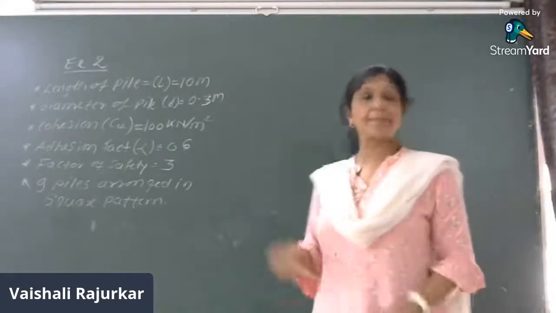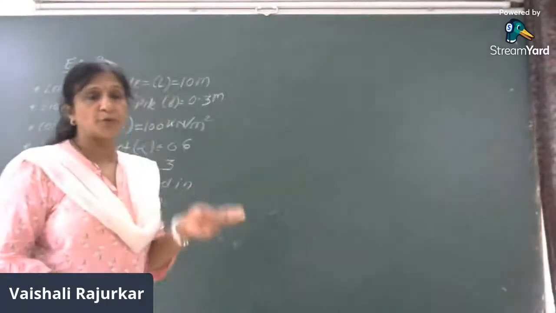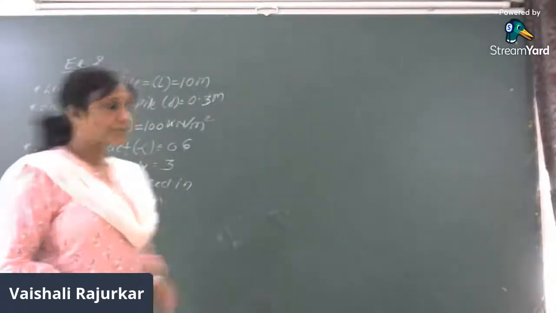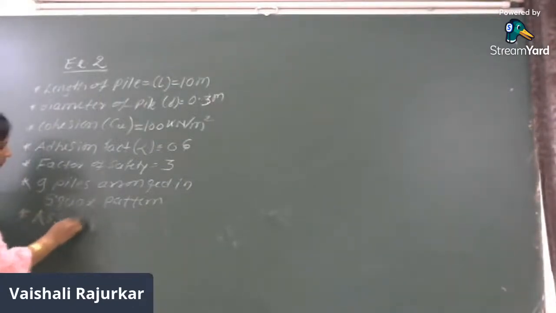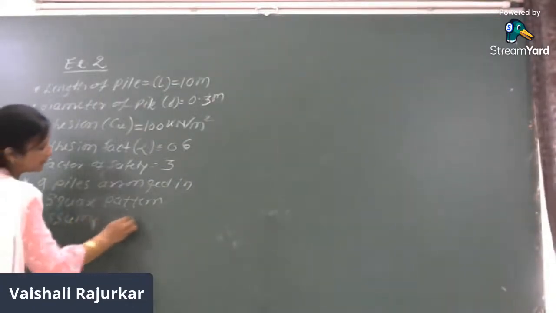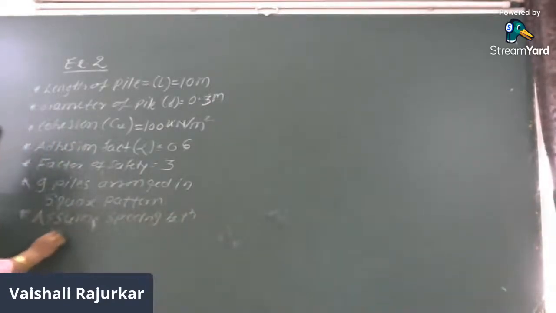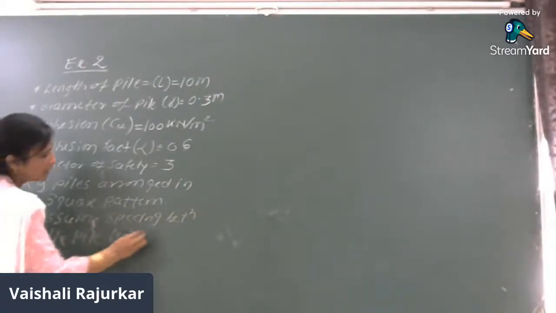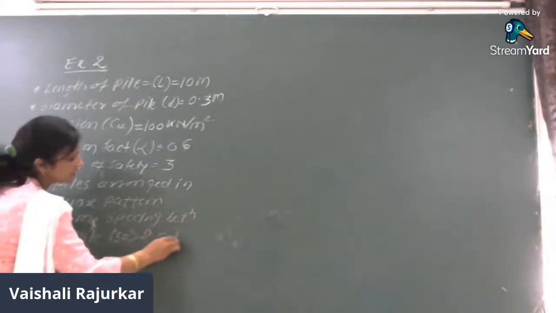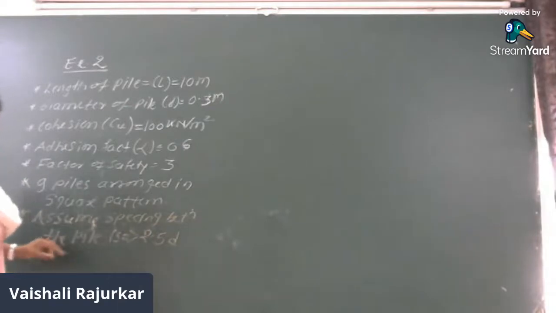So in this case, spacing is not mentioned, but we know that the optimum spacing varies between 2.5 to 3.5 D. So we'll just assume spacing between the piles is 2.5 times D. As it is 2.5 times D, so what is D?